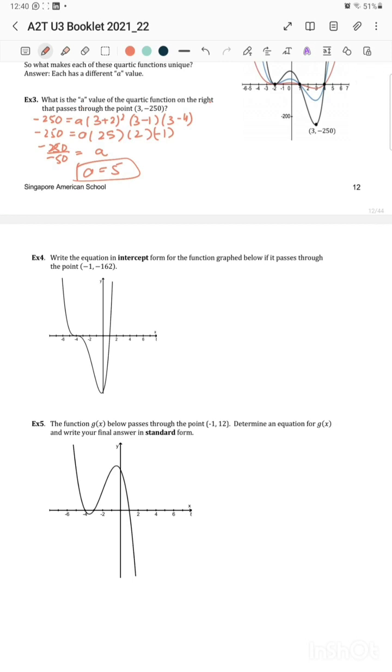Write the equation in intercept form for the function graphed below if it passes through the point (-1, -162). So at this point it is a triple root. At this point it's 1 and it's a single root. So it can be written as y = a(x + 4) whole cube (x - 1). So y = -162 is equal to a times (-1 + 4) whole cube.